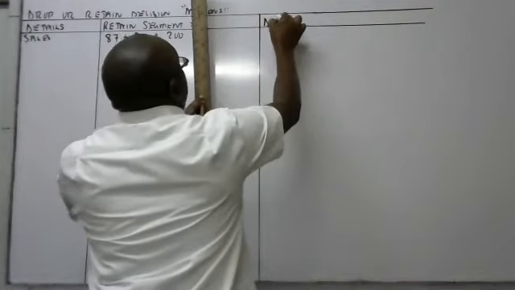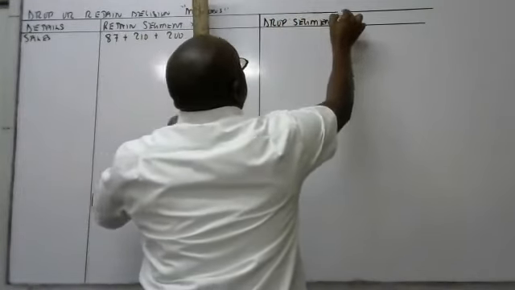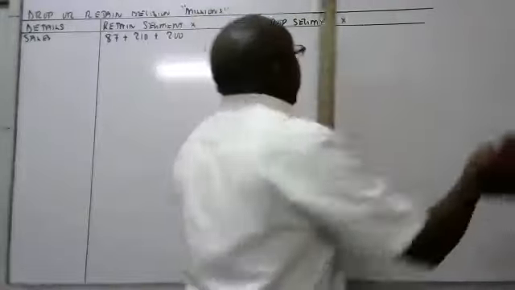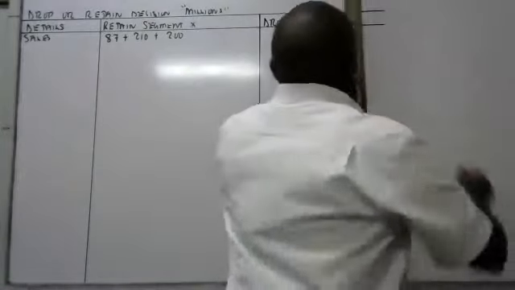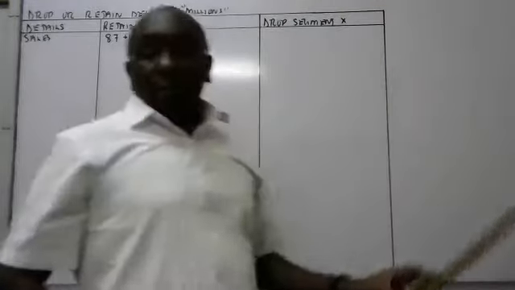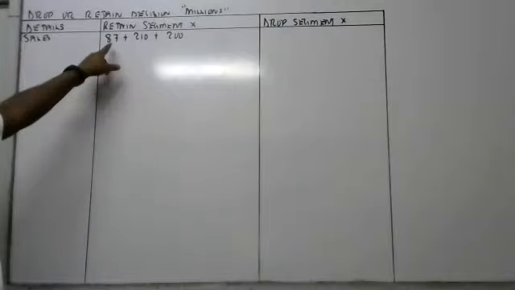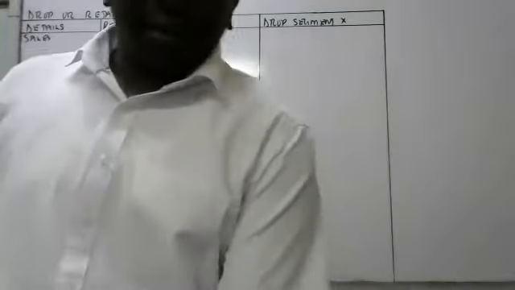Then when I drop segment X, give me this answer. 87 plus 210 plus 200 is equal to what?